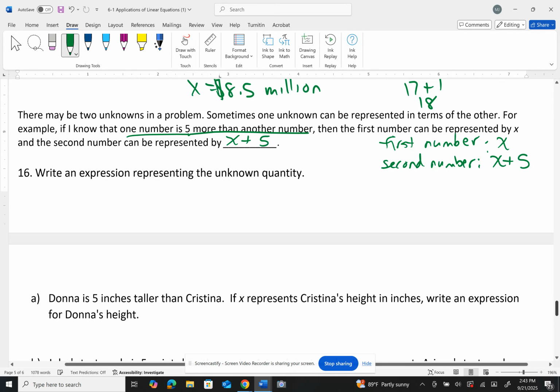So like if one number was 2, I'd want the other number to be 7. So it's 5 more than that. Okay, so we're going to be working through a few problems where we need that skill.